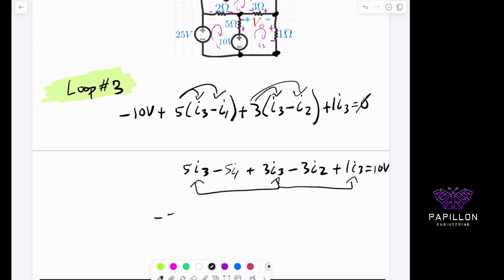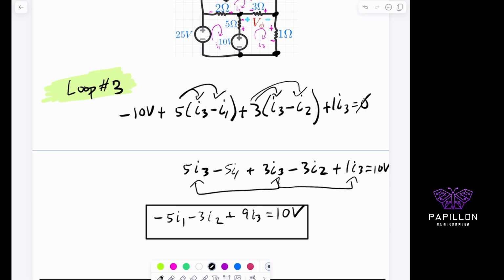What is minus 5I1 minus 3I2? That gives us 2. Make sure I'm getting my algebra right here. So we get back our 9I3, okay? Okay, so just like that, we have our 3 equations, okay?